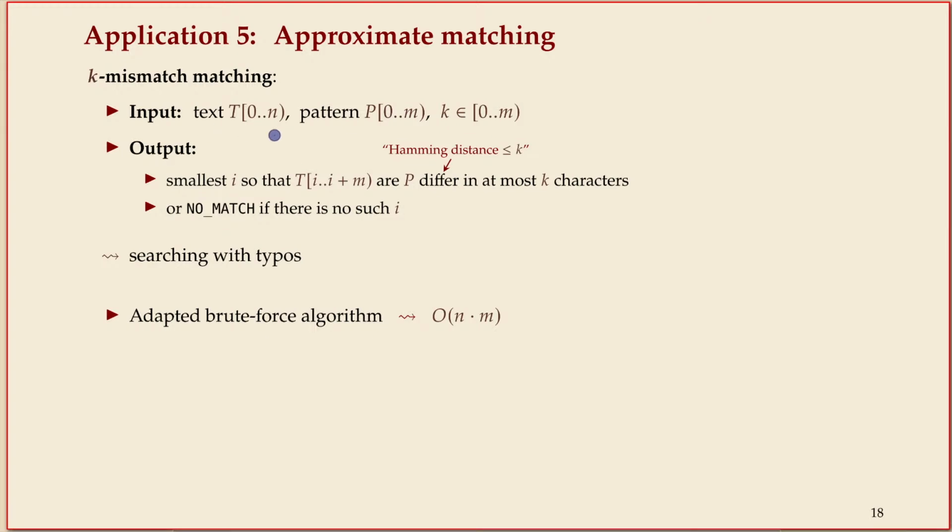So similar to string matching, you're given a text and a pattern, but you're also given a bound on how many characters you're allowed to mess up and still call it a match. So formally, we say a match is some position of the text of the same length as the pattern, where the Hamming distance between that portion of the text and the pattern is at most k. So at most k characters are in mismatch.